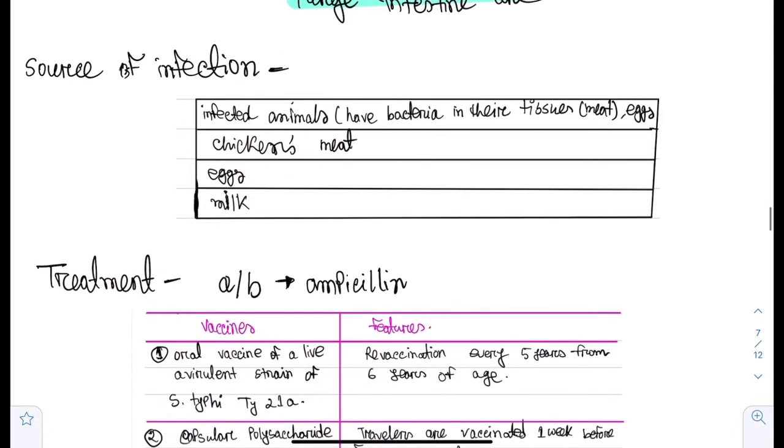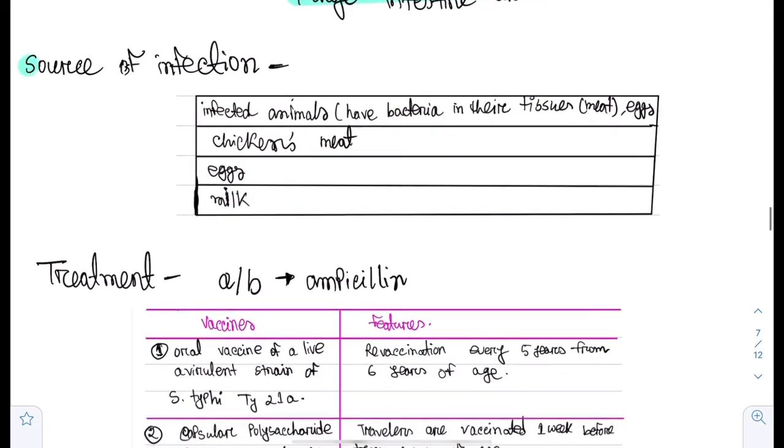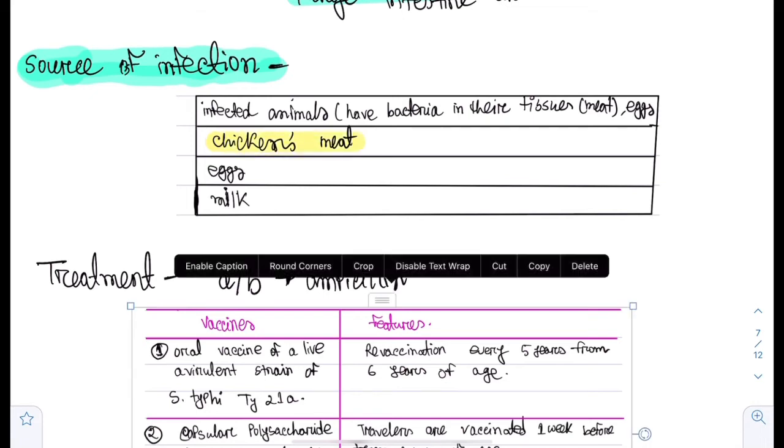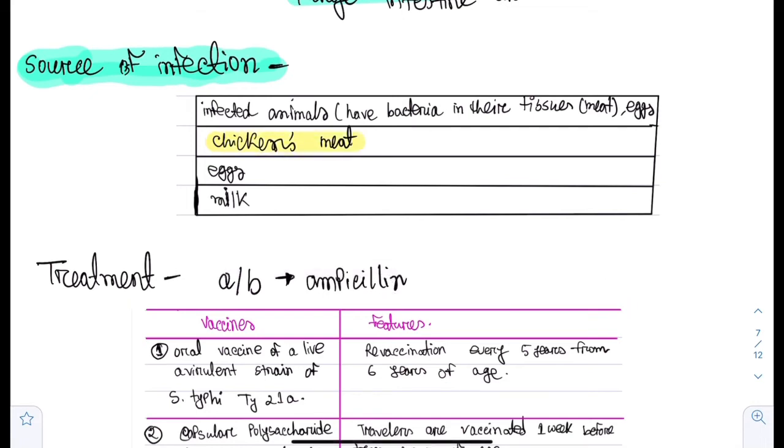And there is the source of infection, how they cause the infection. I have made a table so it will be easier to know. As I've said, chicken meat and milk, because if we don't cook the chicken meat properly, there is a huge possibility that there is salmonella on the chicken meat.